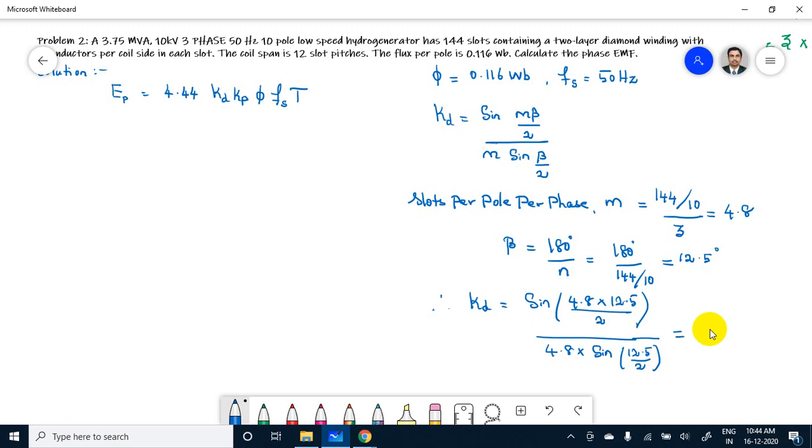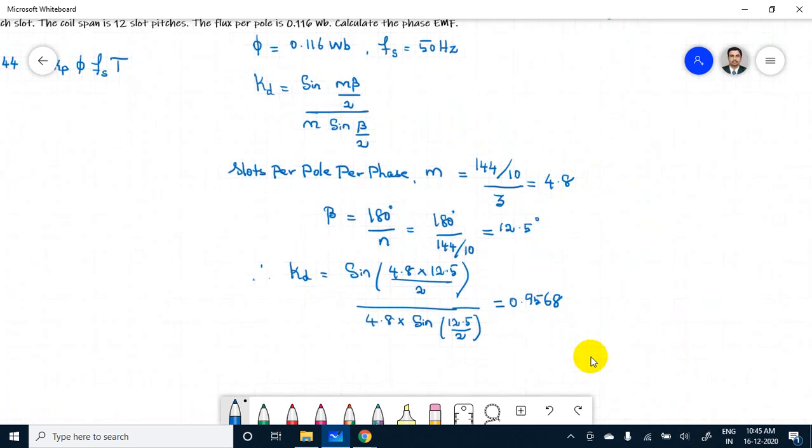Can anyone give me the answer for Kd? Students, please give me the answer. Distribution factor Kd equal to how much? You got 0.9568.